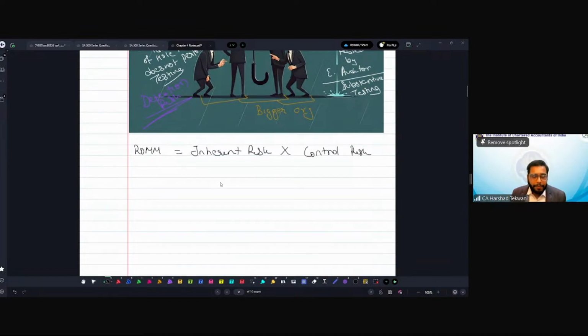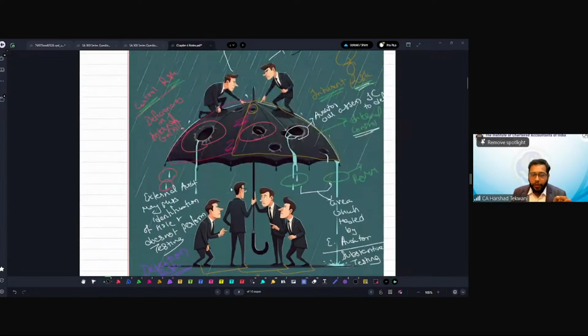This formula is depicted by this image: the inherent risk is the rain, control risk is the deficiencies or the chances of having holes in the umbrella, and whatever water is flowing out of that umbrella is your risk of material misstatement, the chance that the water might come out and the person will get wet.